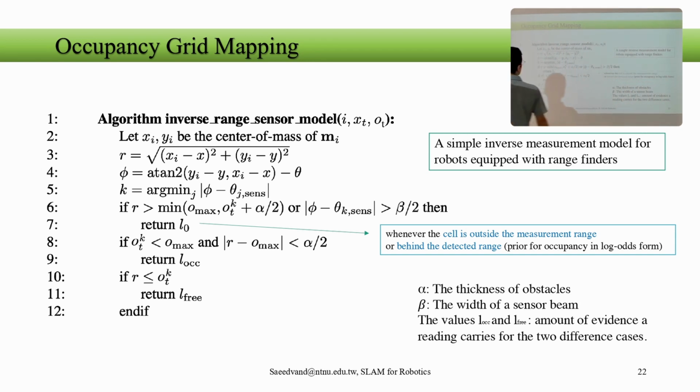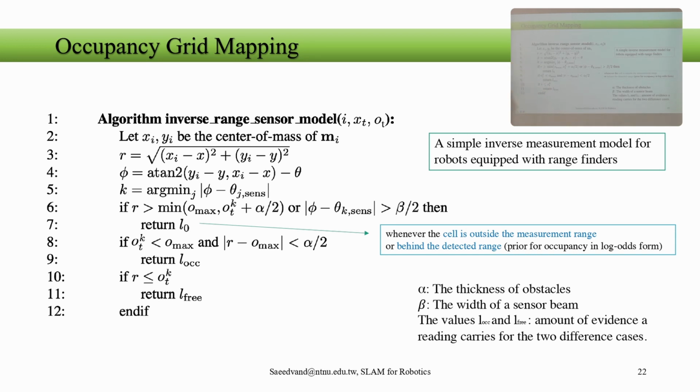One is whenever the cell is outside of the measurement range or behind the detected range. This if over here says the range is greater than the minimum of this calculation that uses the center of mass, and the measurement that we have says it is after that.